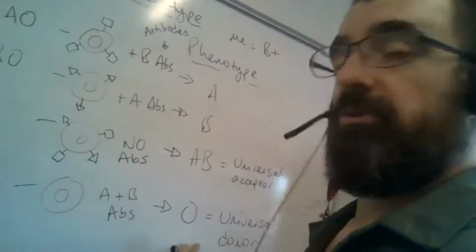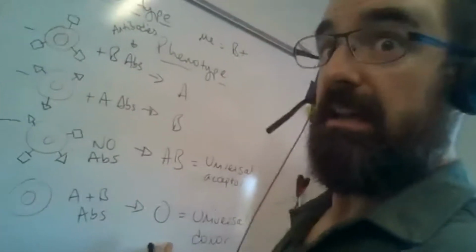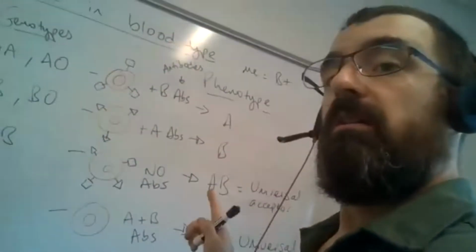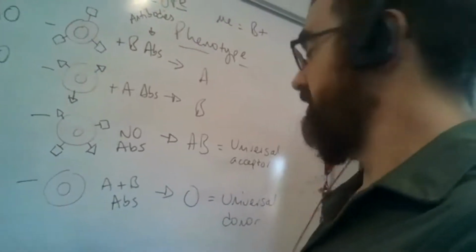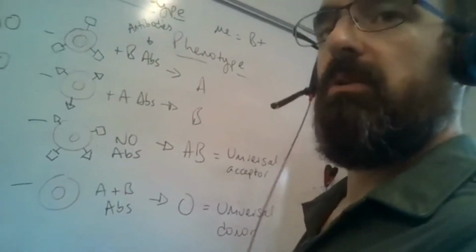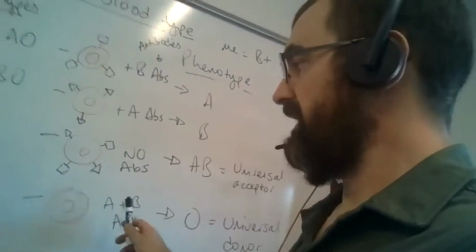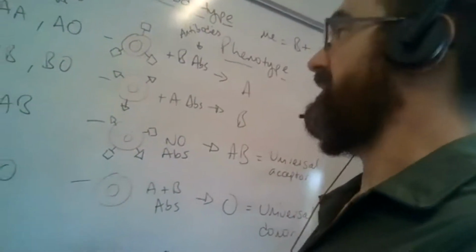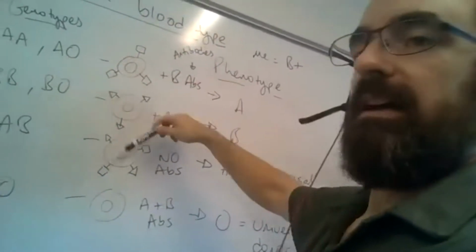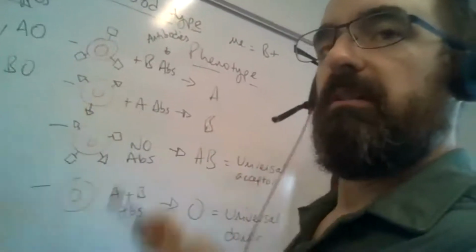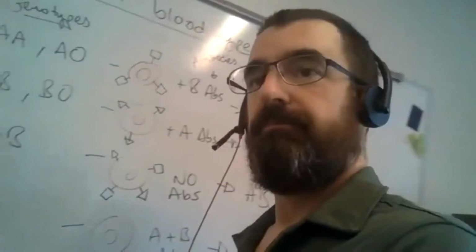That's why type O is a universal donor, very handy to have around. But they can only accept blood from other type O individuals because they have antibodies to both A and B. And so any A, B, or AB blood would be recognized by their immune system.